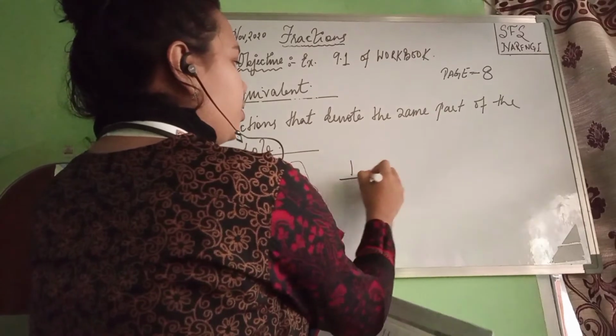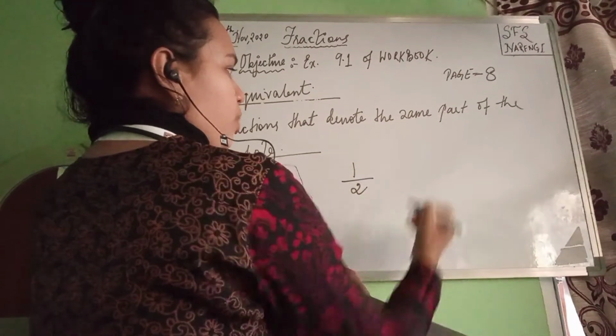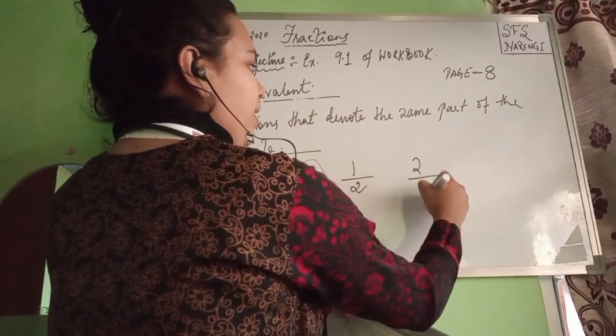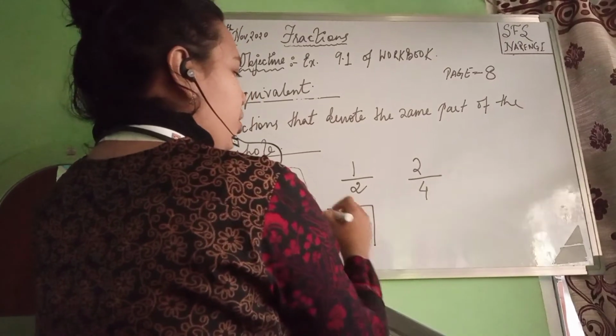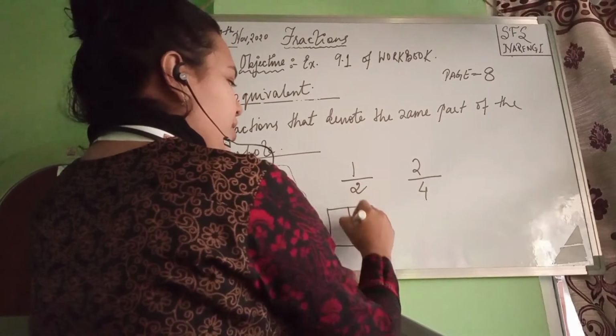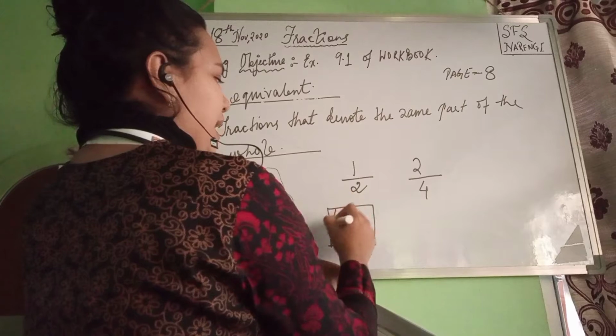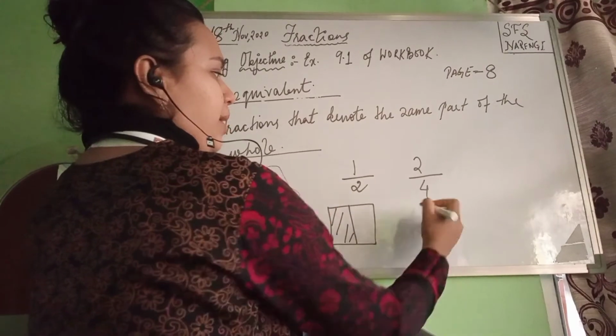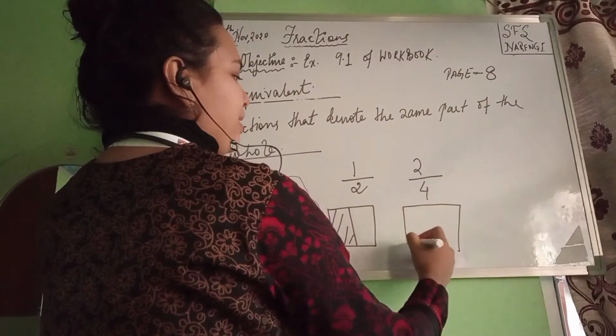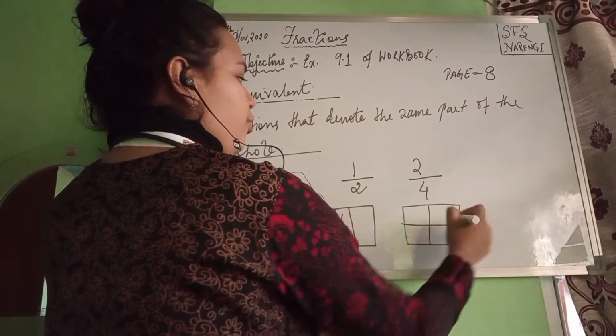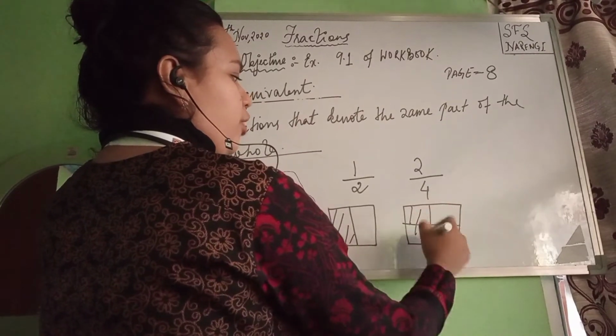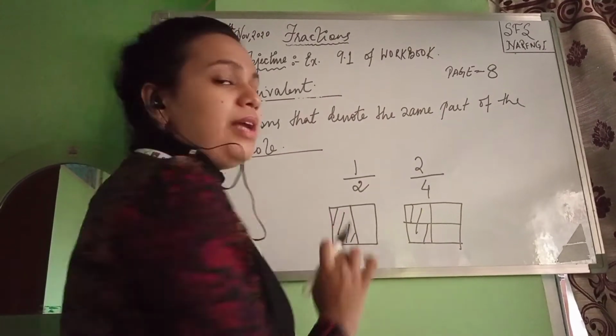Because suppose, let us take two equivalent fractions, 1 by 2 and 2 by 4. Remember that we had taken a paper, divided into two parts and then shaded off one part. If I take the same rectangle, divide it into 4 parts and then shade off 2 parts, the shaded parts are equal.